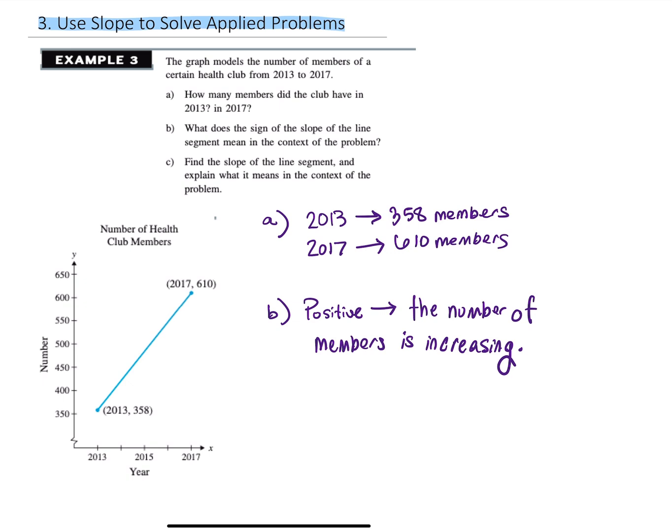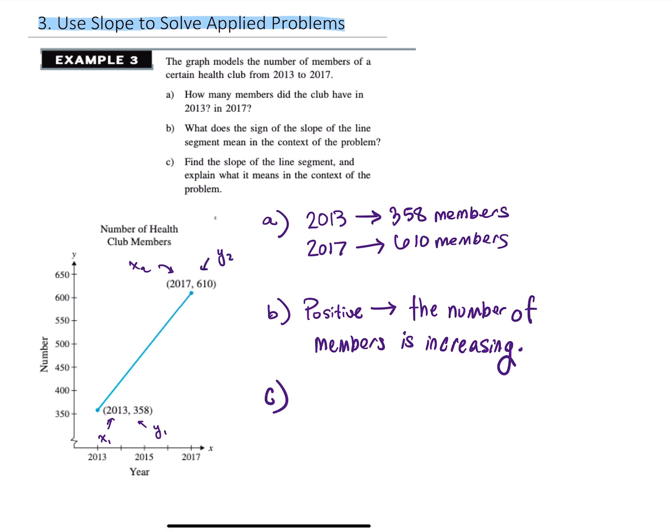C asks us to find the actual slope. Let's use our new formula to find the slope of this line going through the 2 points. So I'll call 2013 my x1, 358 is the y1, 2017 will be my x2, and 610 will be my y2.